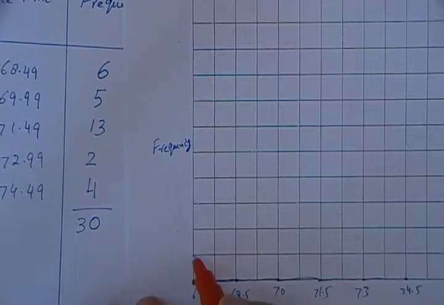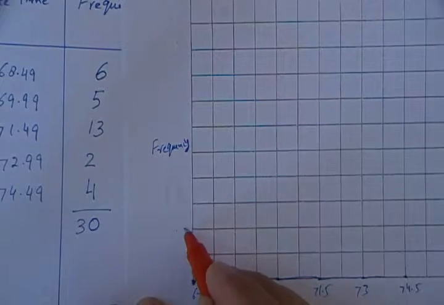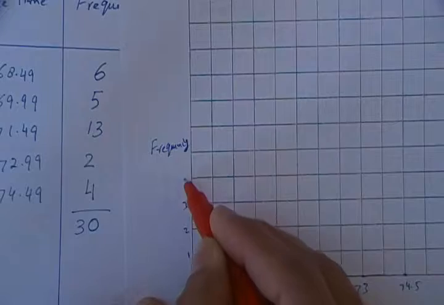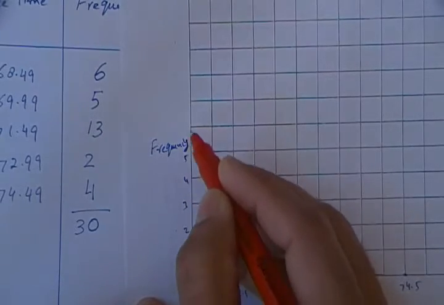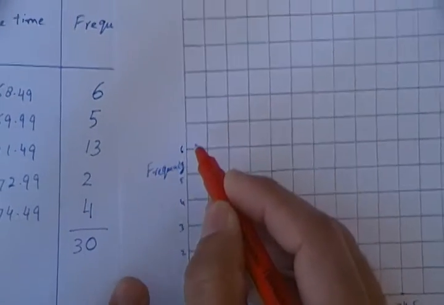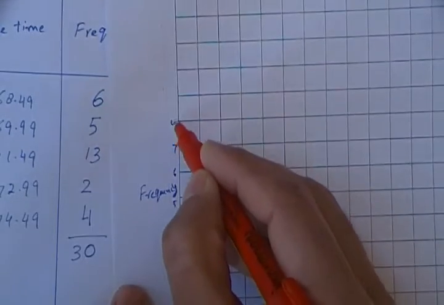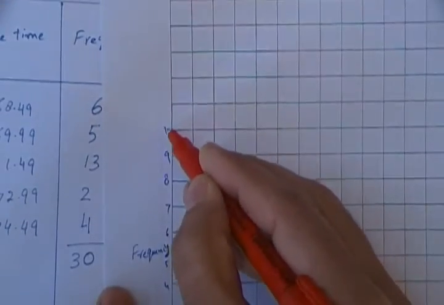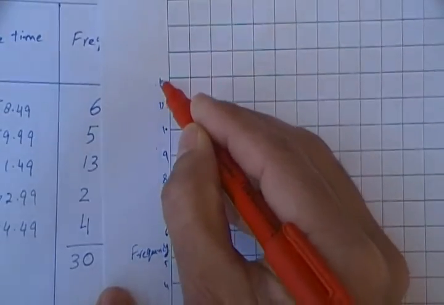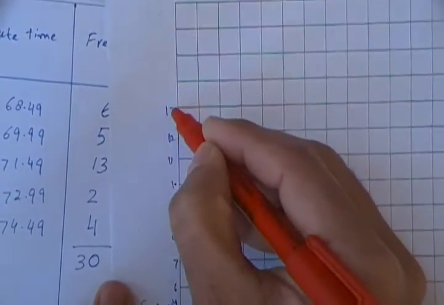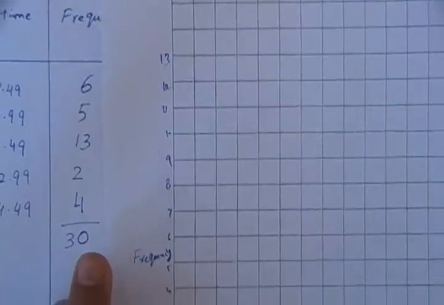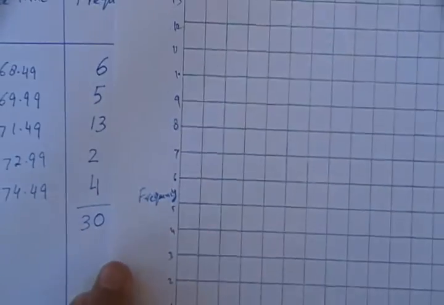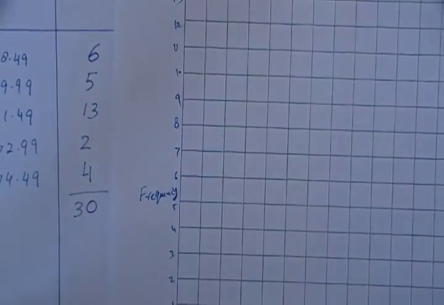Assign one unit as 1, then 2, 3, 4, 5, 6, 7, 8, 9, 10, 11, 12 and 13. 13 is the highest frequency that we have here.